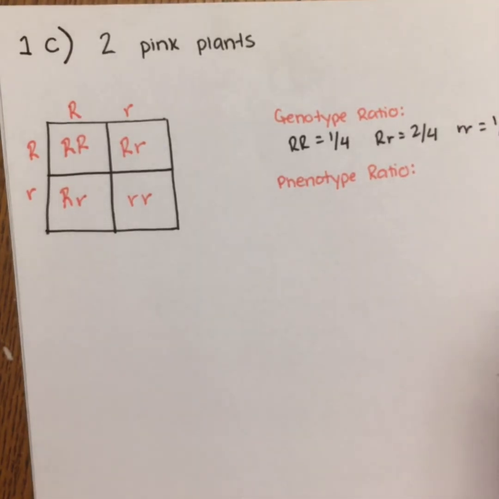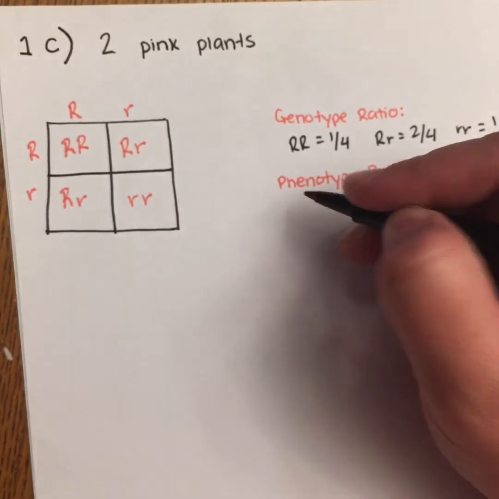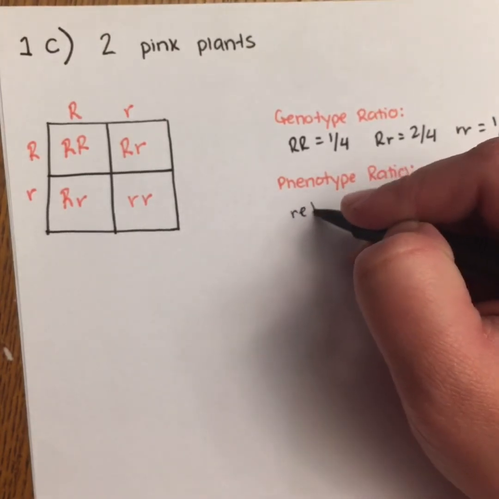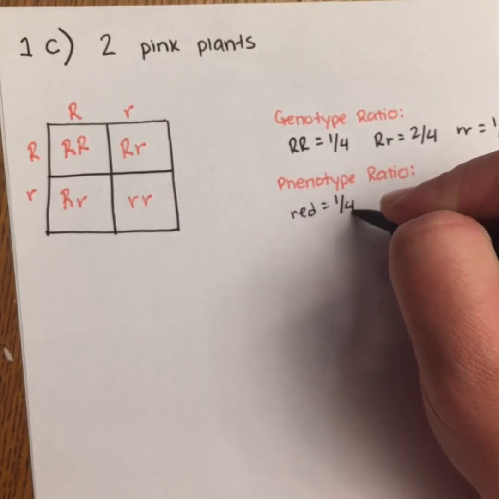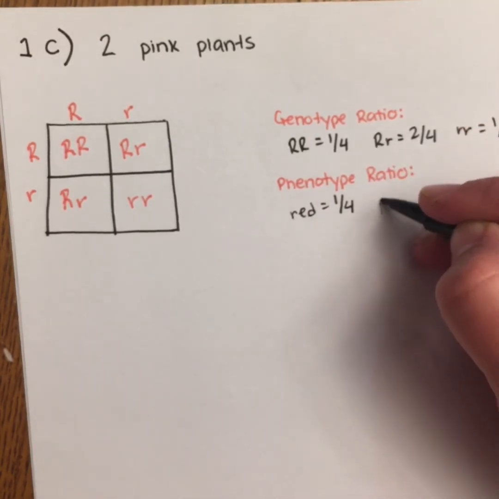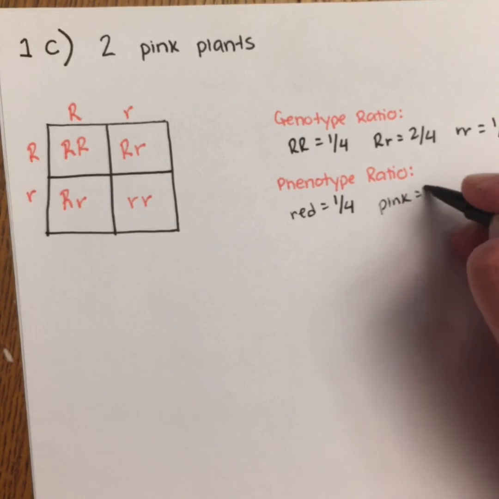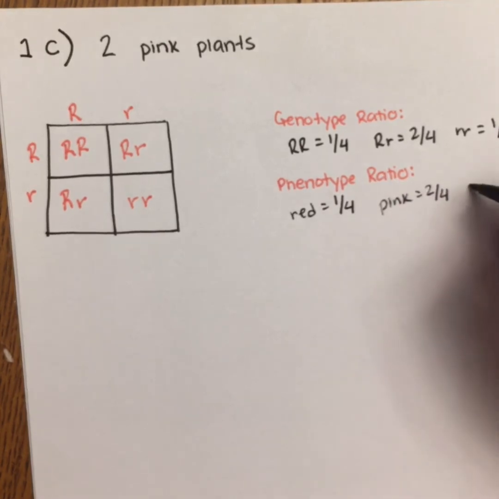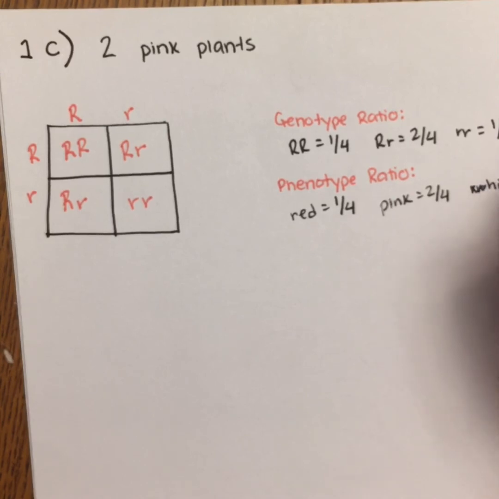For our phenotype ratios, our big R big R is going to give us red, which again is 1 out of 4. Our big R little r, instead of giving red, it's going to give, remember, pink for 2 out of 4. And then little r little r, which will give us white for 1 out of 4.